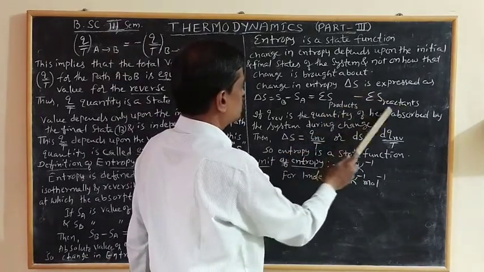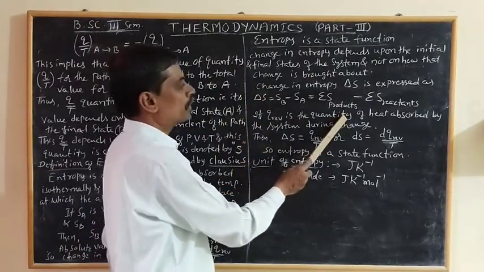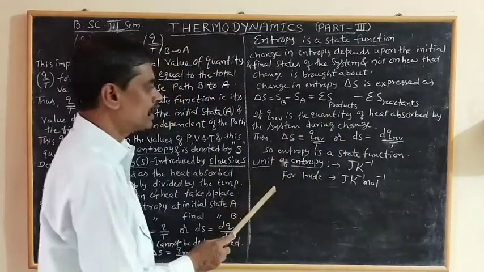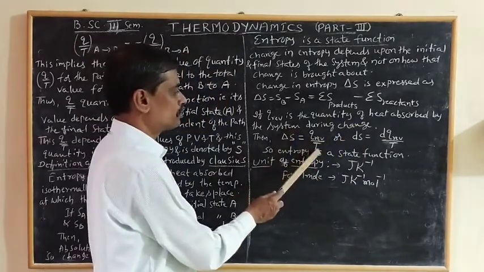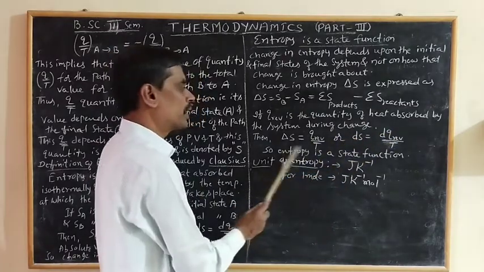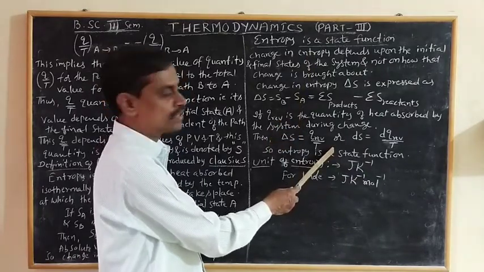This difference also gives the change in entropy. If Q reversible is the quantity of heat absorbed by the system during the change, then you can write delta S is equal to Q reversible by T, or dS is equal to dq reversible by T. So entropy is a state function. This is the explanation for entropy being a state function.